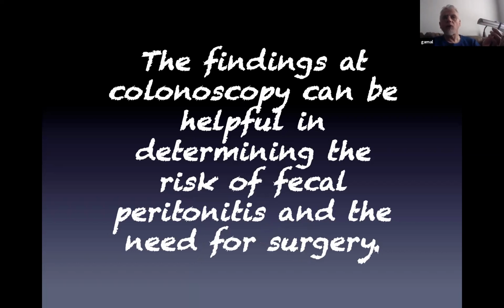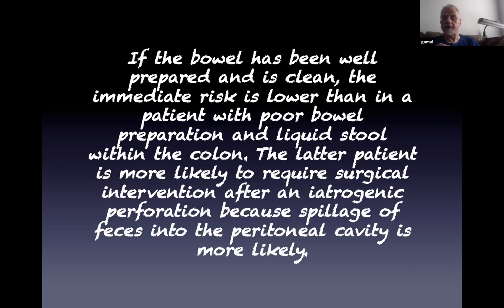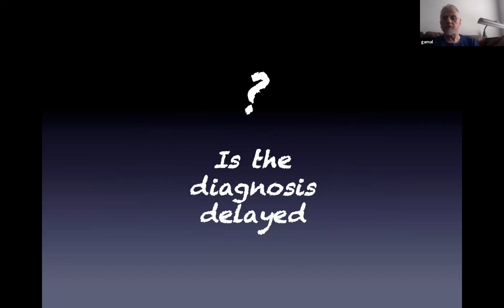I know there is a hole, but the bowel prep was clean. There is not much stool in this colon to cause peritonitis. So adequacy of bowel prep can provide clues to the risk of fecal soiling and peritonitis, and this may influence your decision. And this slide tells you just that. Not just this, as I say, clean bowel prep, operation, primary anastomosis, good thing to have.